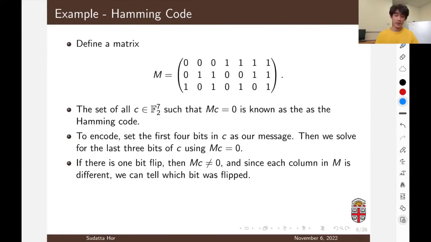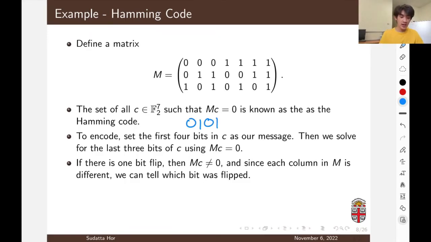Here's an example of a linear code. We define a matrix M as follows, and then the Hamming code is the set of all C that satisfy MC equals 0. To encode, our original messages are 4-bit strings.